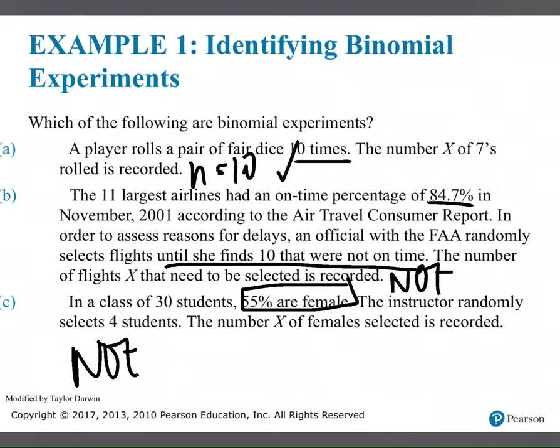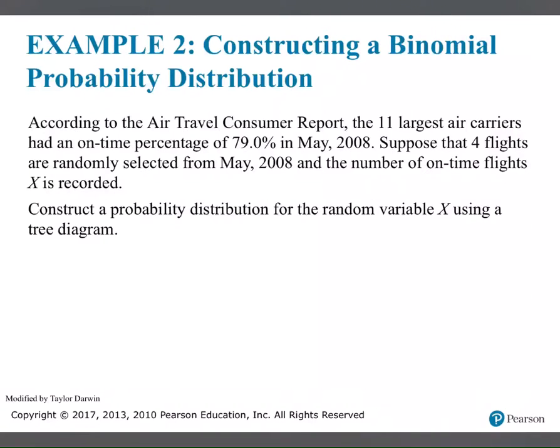So these are dependent, not independent trials. According to the Air Travel Consumer Report, the 11 largest air carriers had an on-time percentage of 79% in May 2008. Suppose that 4 flights are randomly selected from May 2008, and the number of on-time flights X is recorded. This wants us to create a probability distribution.